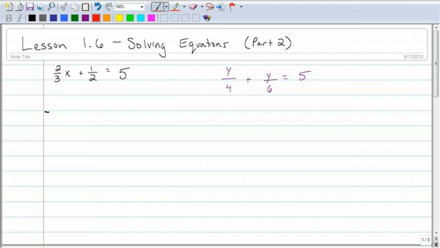So if we don't want to round and we want to get rid of the fractions, what can we do? Well, here's what you want to make sure you do. Anytime you see fractions, to get rid of them, do this step.